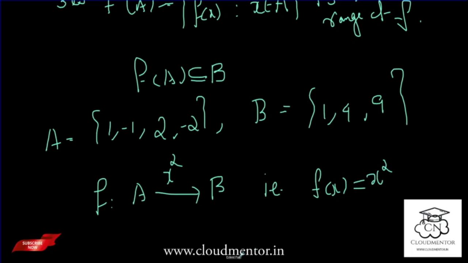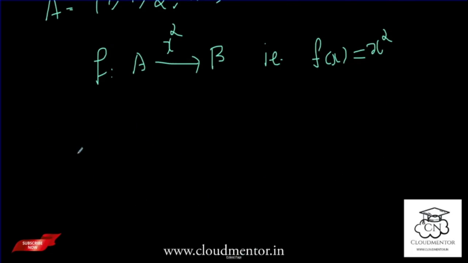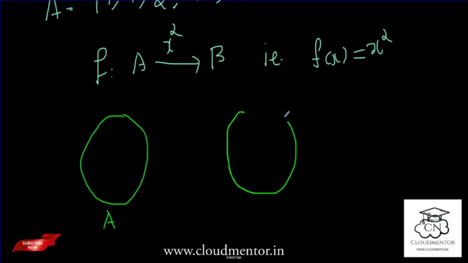Here I can represent this function pictorially. Let this be the set A and the other set B be this one, then the elements are 1, minus 1, 2 and minus 2.